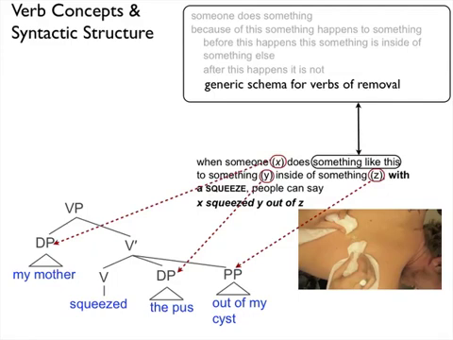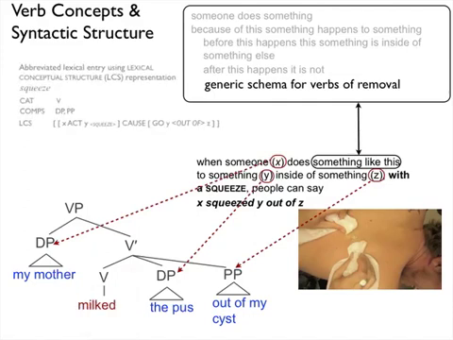But you only mention, typically, the doer and the thing out of which the stuff moves. There's no z because that's encoded in the verb itself. Milk is the stuff by default that's involved, but with other verbs you have to specify. So that's how the overall system works.